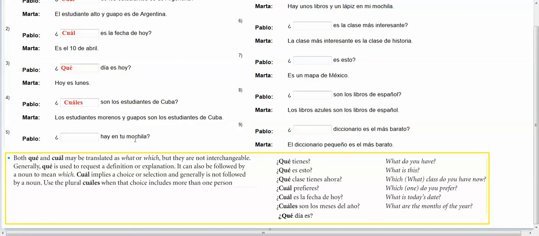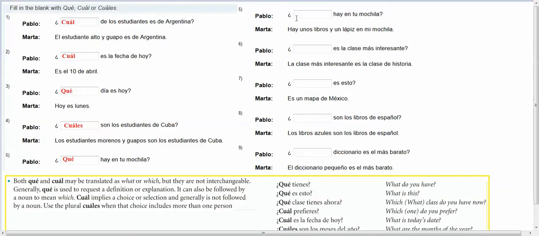What's in your book bag? So you're not giving a choice, you're just simply identifying what's in there, and it's to request a definition or an explanation. So we're going to put ¿qué here? ¿Qué hay en tu mochila? And if I go over here, Pablo says blank. Oh, we already did it. We already did that one.